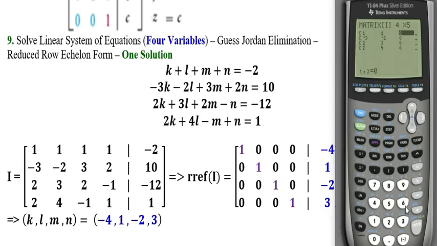For M, it is 1, 3, 2, minus 1. For N, it is 1, 2, minus 1, 1.